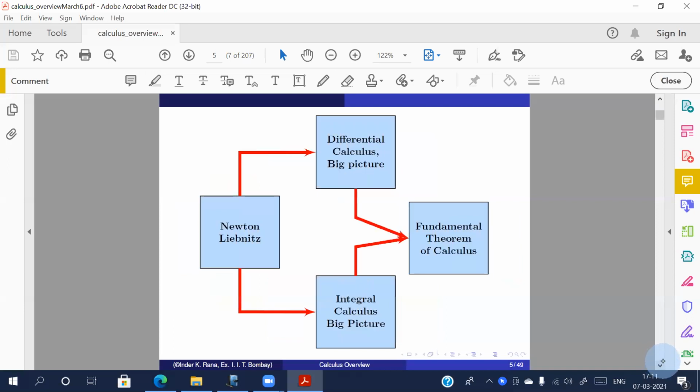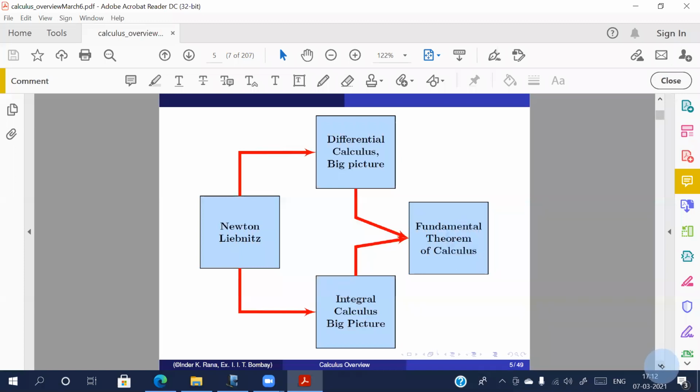We'll describe their work a bit, and then from there on, we'll look at the modern version of calculus: what is differential calculus, the big picture, integral calculus, the big picture, and then the two coming together in what is called the fundamental theorem of calculus. So this is roughly the scenario for today's talk.